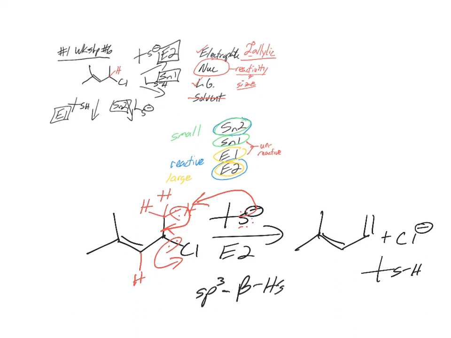Balance my charge. Right, be careful to balance your charge. There's a Cl minus formed. Right, so make sure you balance your charge. And that's the only product you'll make from an E2 reaction in this case, because it only has 1 type of sp3 hybridized beta hydrogens. That's the only alkene product you're going to make.